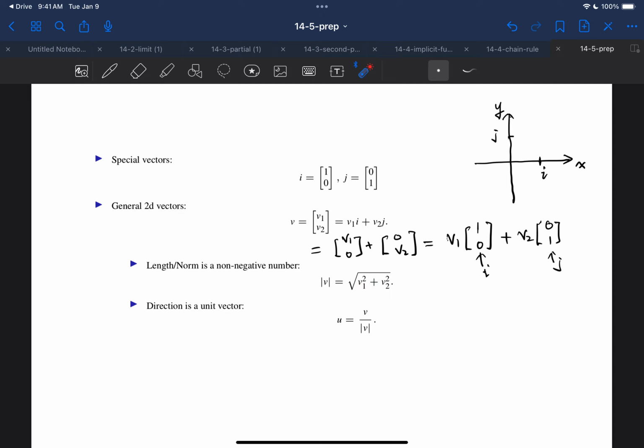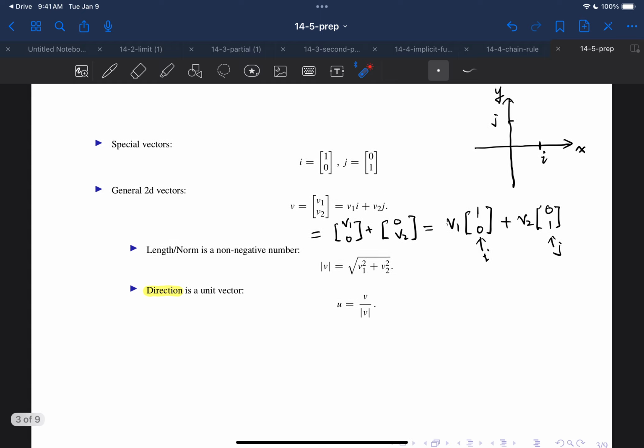And the direction is a unit vector, given by normalizing the vector v by its length.